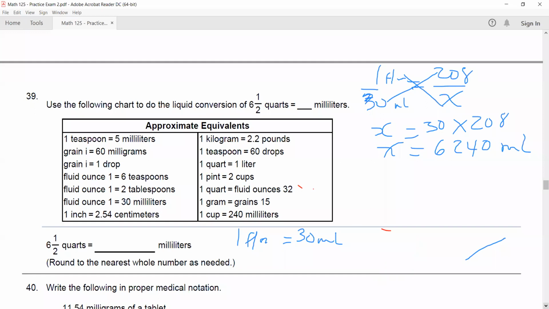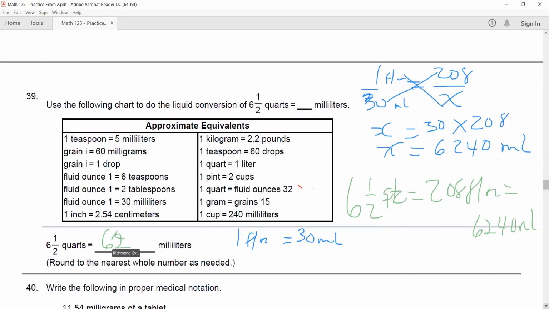In summary, what I did was from 6 1/2 quarts, I went to 208 fluid ounces, and then I went to 6240 ml. So that's how you solve a problem like this.